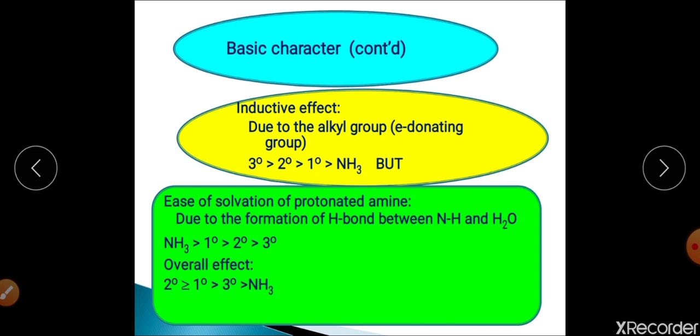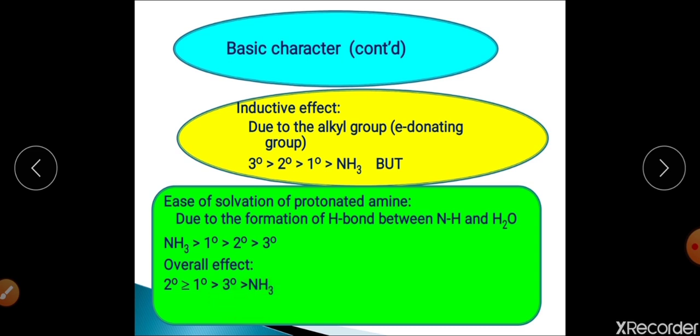But in actual practice, these two effects operate in a combined manner, and the actual order of basicity of amines becomes: secondary will have more basic character as compared to primary, and primary will have more basic character as compared to tertiary, which has more basic character as compared to simple ammonia.